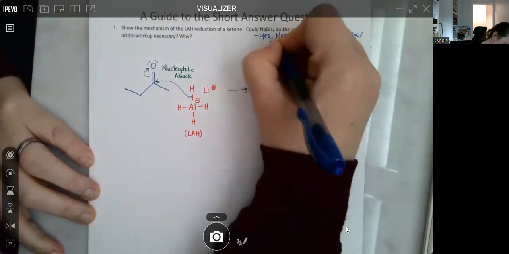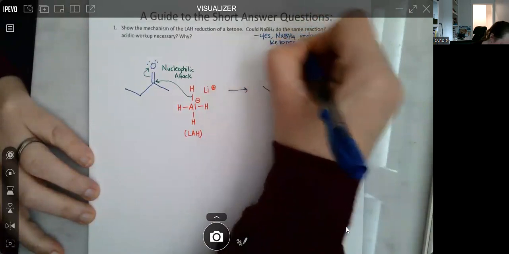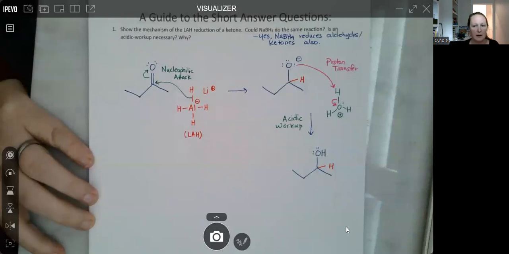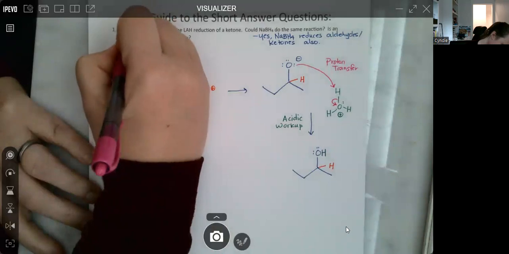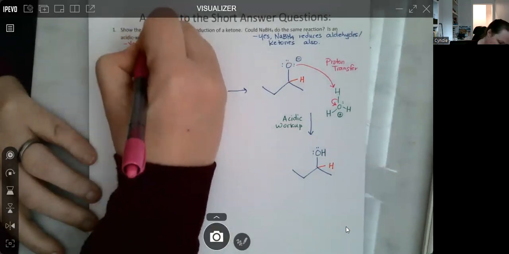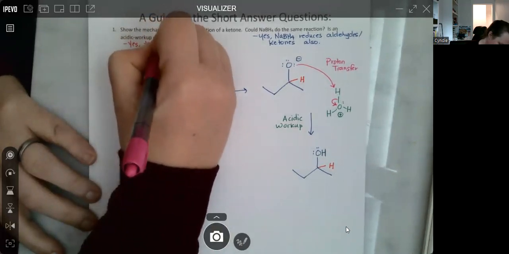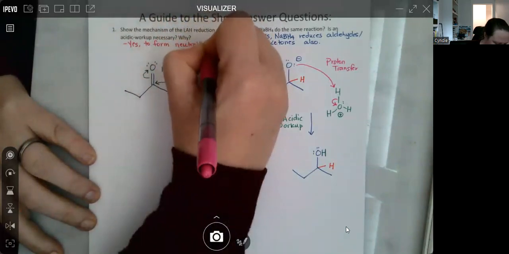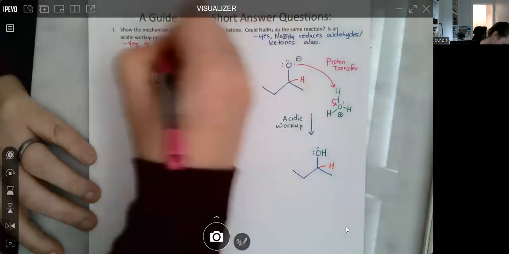And in this case, we're using a ketone. Okay, and then for, is an acidic workup necessary? Yes, to form the neutral alcohol product.